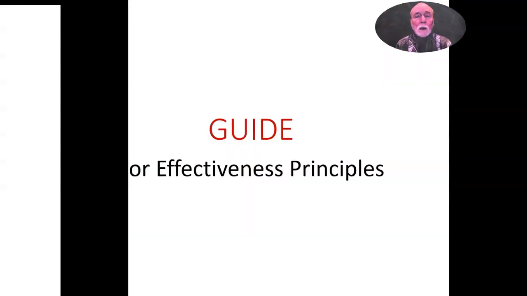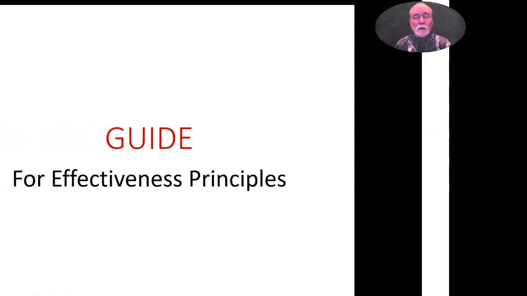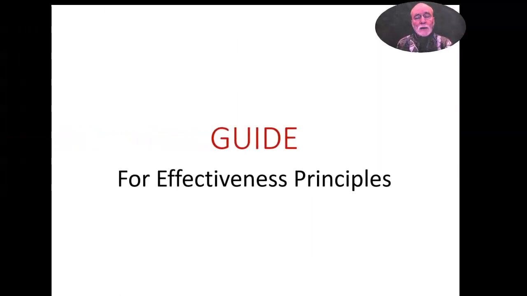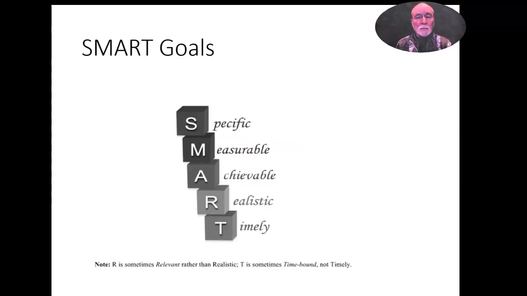We turn now to the GUIDE framework for effectiveness principles. GUIDE is a set of criteria and a tool for writing goals that can be evaluated. It's helpful to compare the GUIDE framework to SMART goals. SMART goals specify 5 criteria for what constitutes a well-written, well-conceptualized goal for purposes of program mission and evaluation.